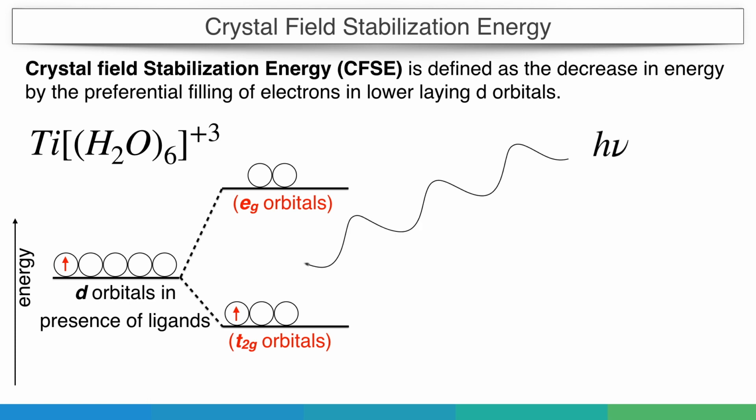When this electron is hit by electromagnetic radiation of energy h nu, it absorbs that energy and gets excited to the eg orbital, and when it comes back to the ground state, it emits the same energy in the form of radiation in the visible range, and therefore these compounds are highly colored. Now, the energy of the absorbed radiation can be calculated from the absorption spectra.